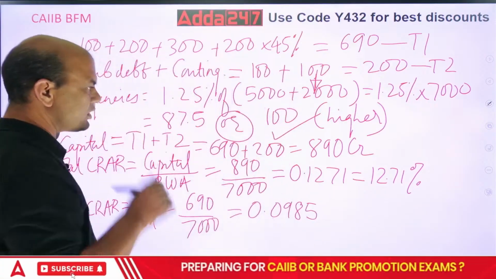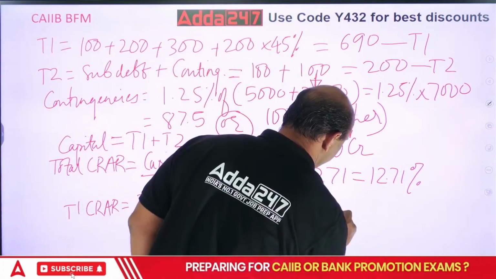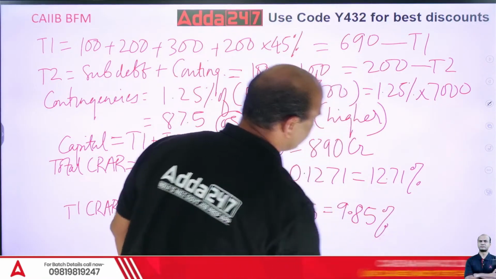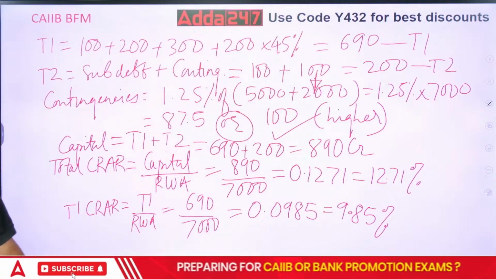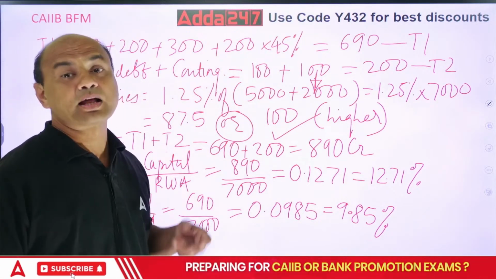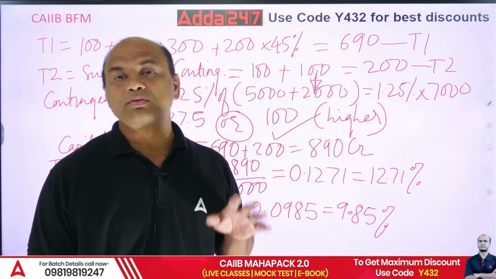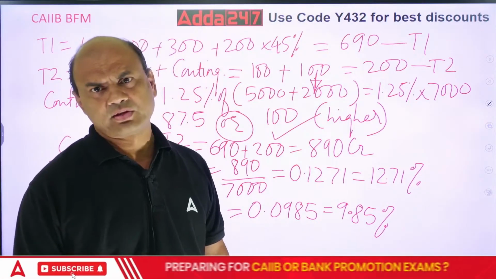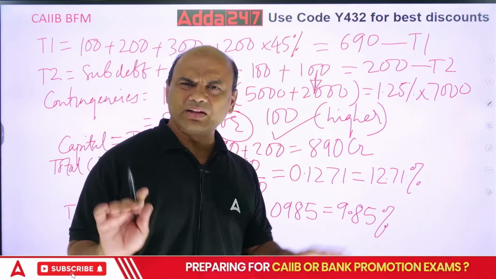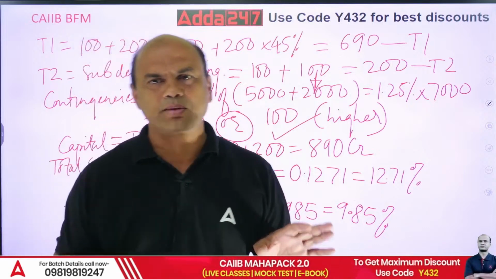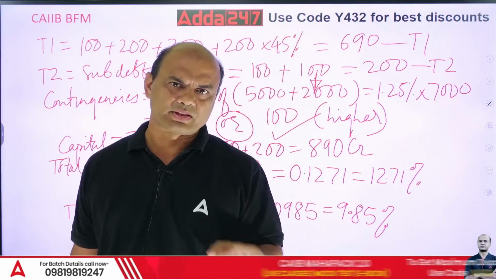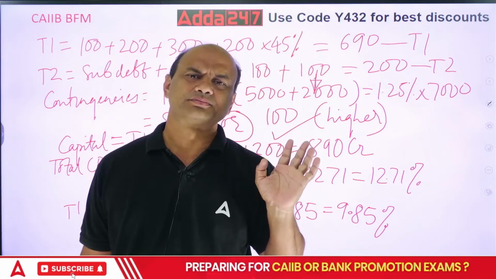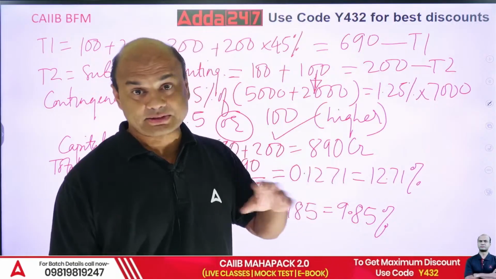Okay, so you can write it like this also. If you multiply it with 100, you will get 9.85%. So is this good? Again it is good. Why? Because what does RBI say? RBI says your Tier 1 CRAR should be minimum 7%. So here it is 9.85. Kindly note the limits, they are very clear. RBI says minimum Tier 1 CRAR 7%, Tier 2 CRAR 2%, Tier 2 is maximum.